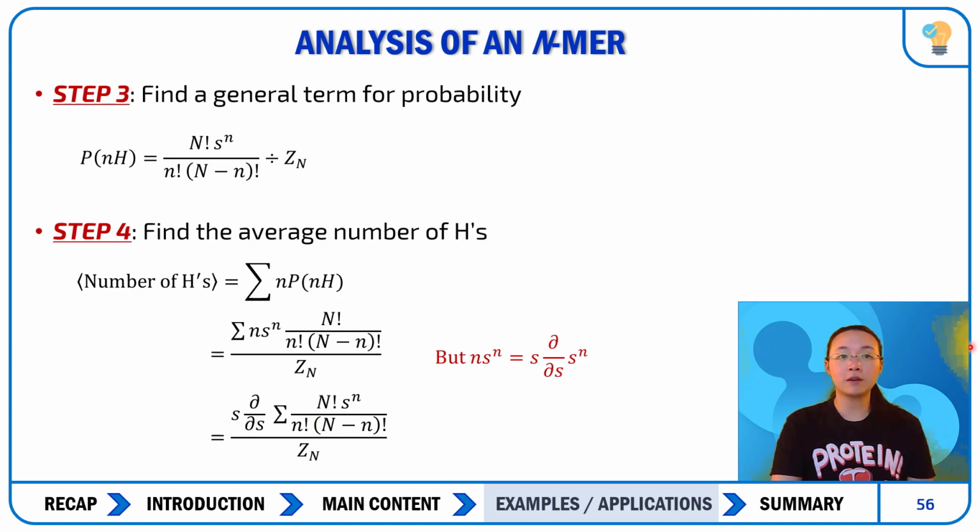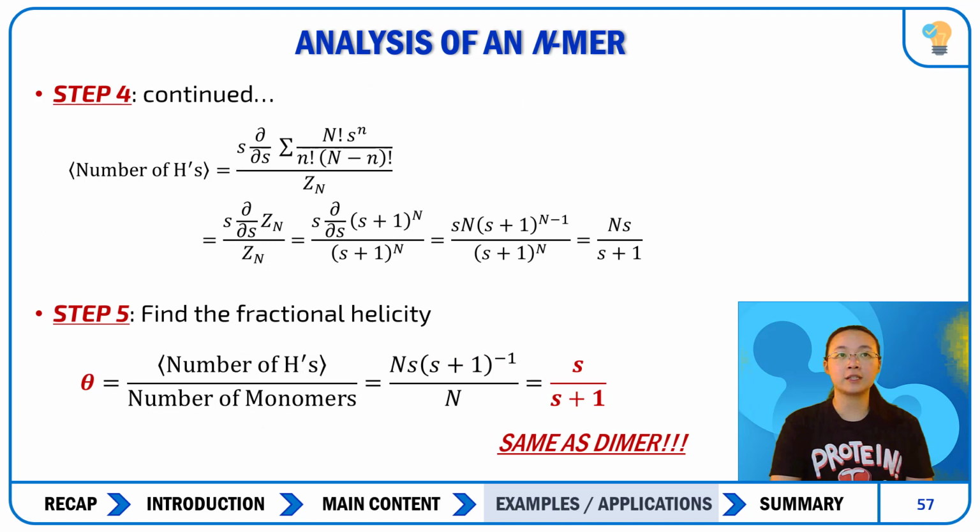Continuing on with that expression, we move on to the next slide, and we end up with this term. You can move some of the constants out, and if we take the partial derivative with respect to s of the entire partition function, we can rewrite it as ns over s plus 1.